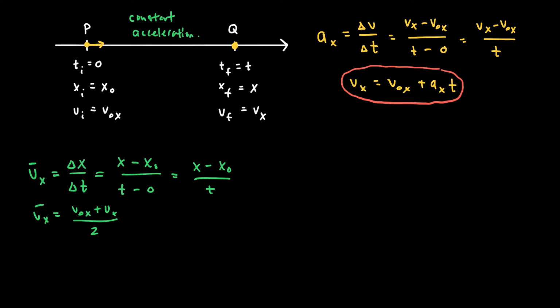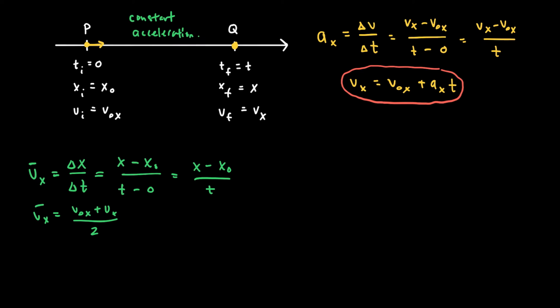If I want to find the average of something, I add up all of the values and I divide by the number of values. So here I take the initial value, the final value, I add them up and divide by 2, and I get the average value. And that's only true if there's a constant acceleration.